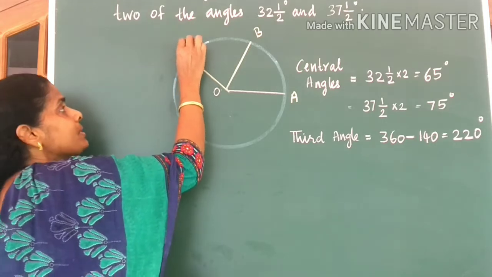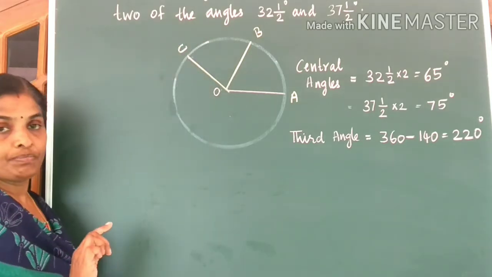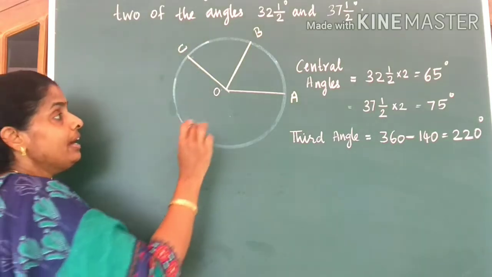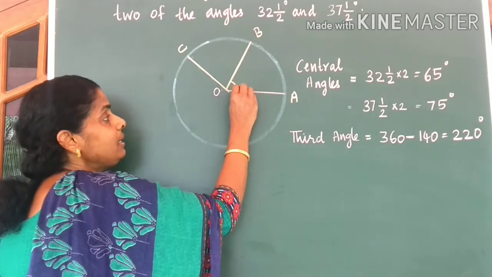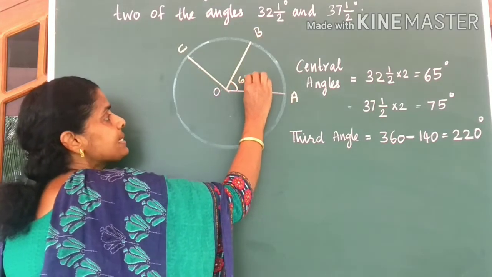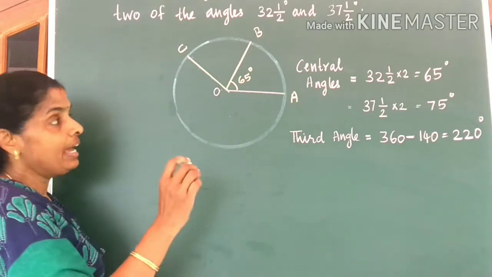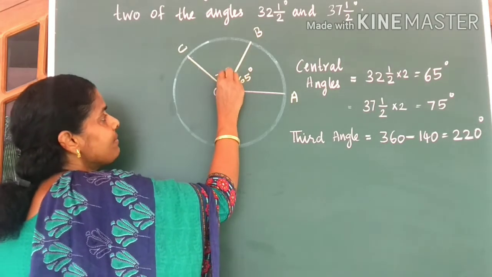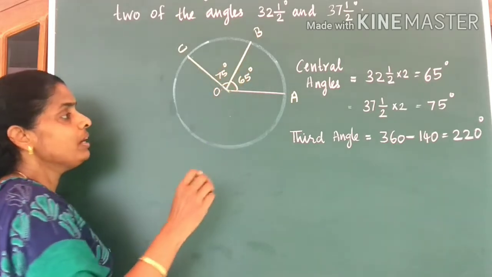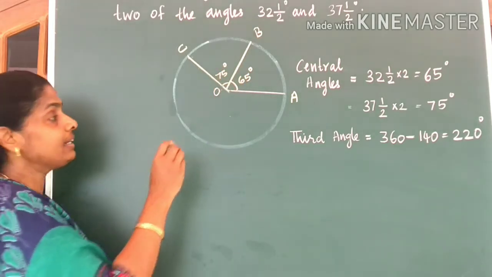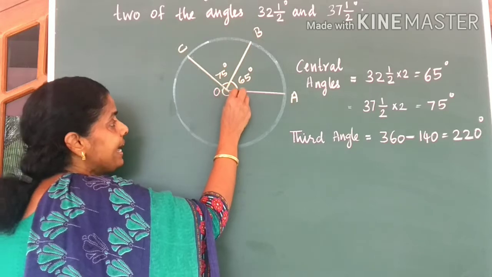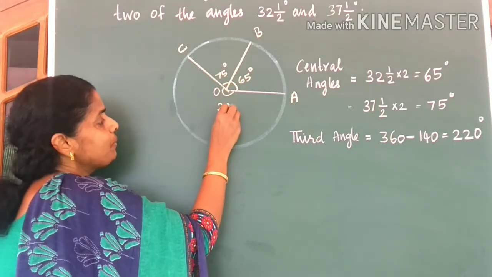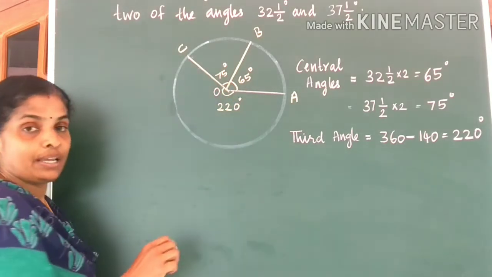Now I name this as C. Is it clear, children? Now this angle is equal to 65 degree and the next angle is 75 degree. Therefore, this is the third angle which is equal to 220 degree.